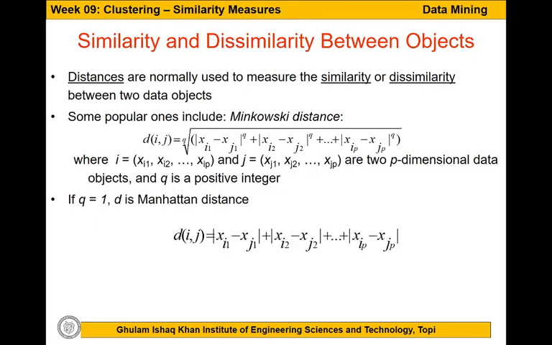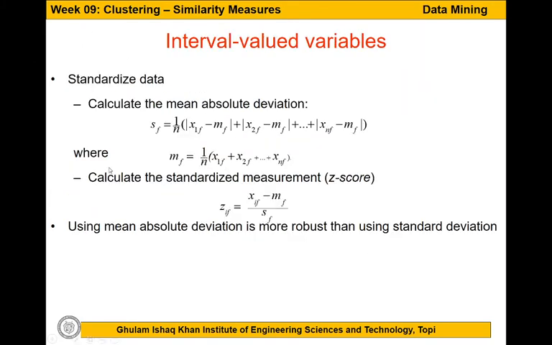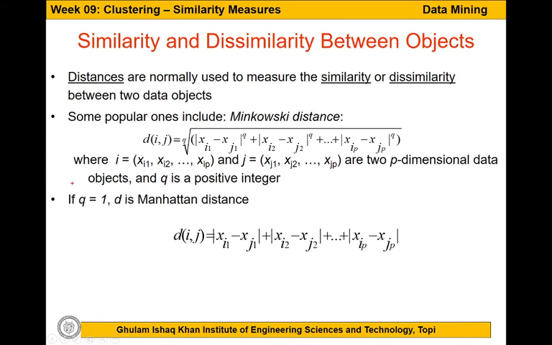Then this is the primary thing which needs to be focused on. There are a lot of similarity measures. We can call it similarity or dissimilarity, both are the same in terms of nomenclature.